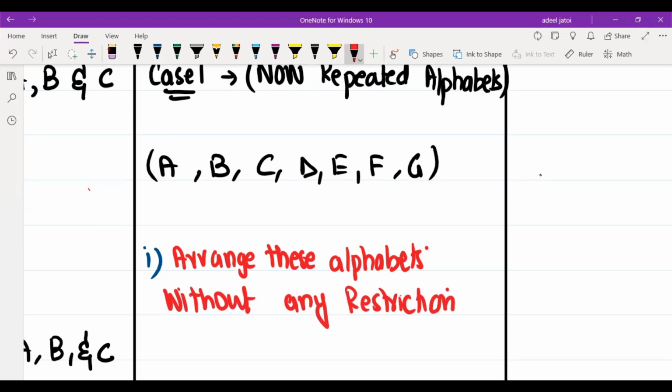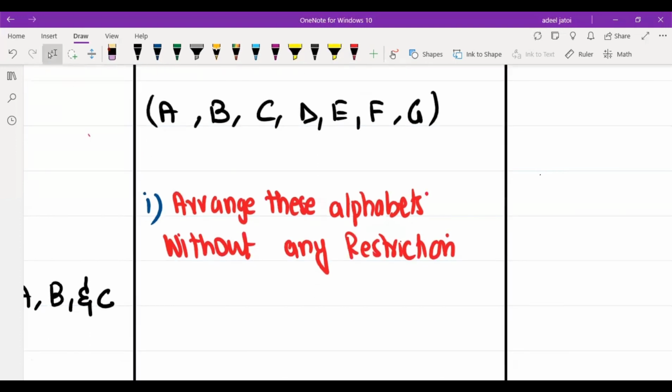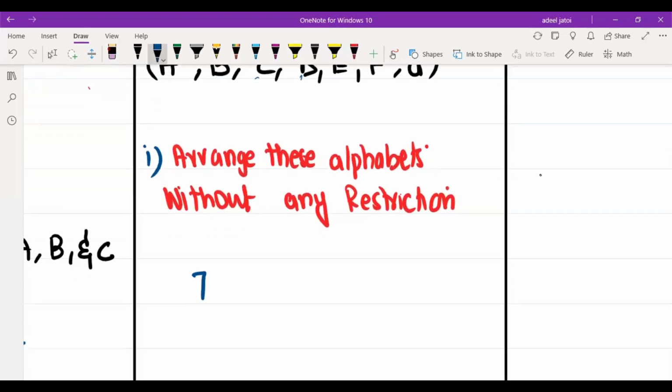The question did not say anything regarding selection. So I can directly write down that I have how many letters? 1, 2, 3, 4, 5, 6, 7. So we can say 7 factorial can be used. The answer for 7 factorial is 5040 ways.